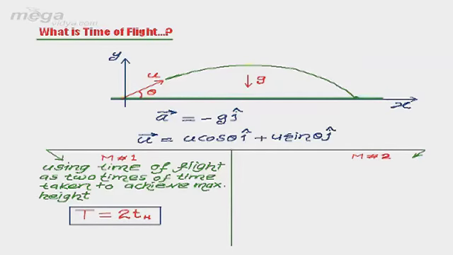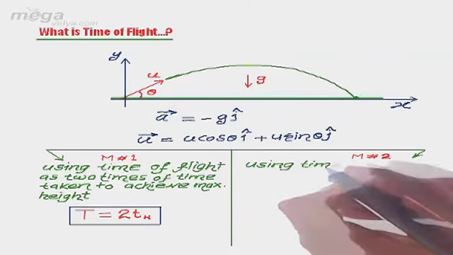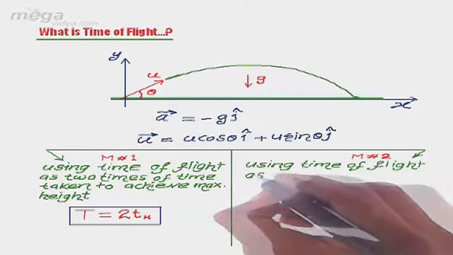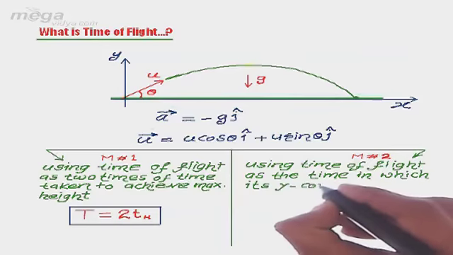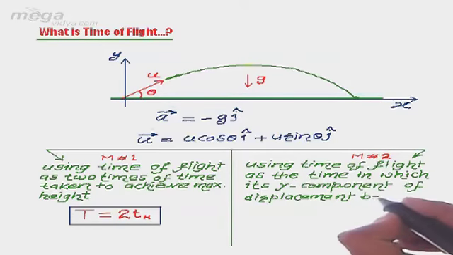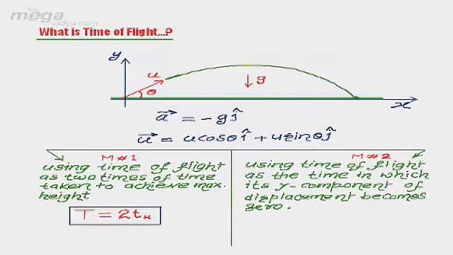Now in the second method, we will use time of flight as the time in which its y component of displacement becomes 0. So we say that time of flight is the time in which delta y becomes 0.